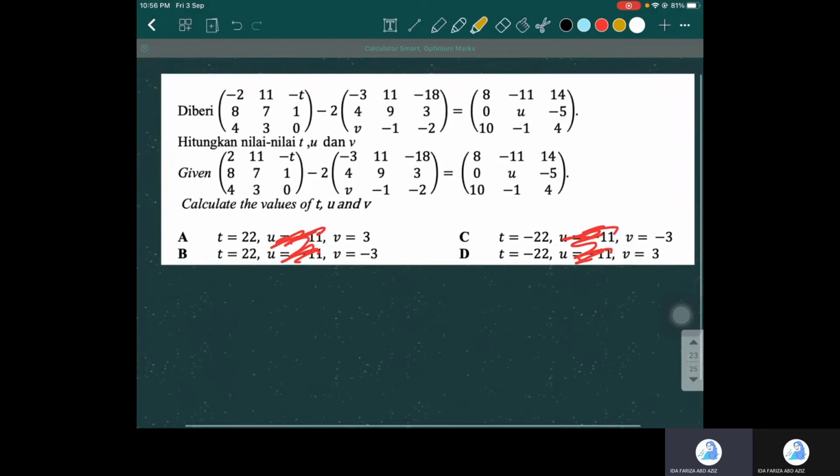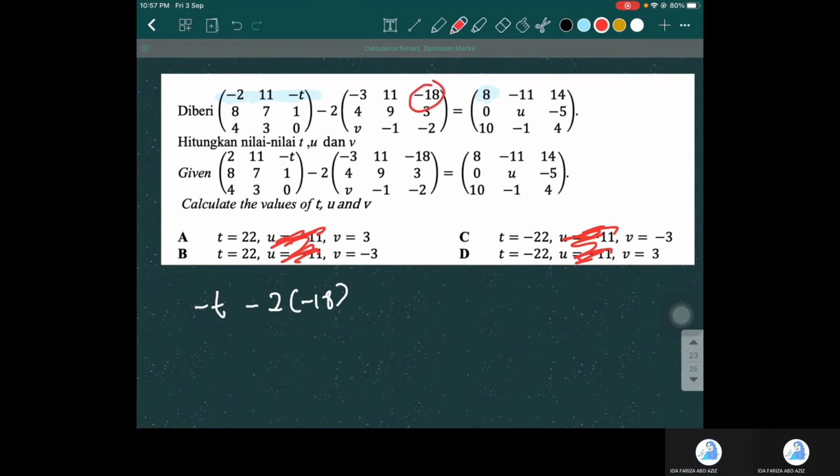Let's check our matrix. Okay, T duduk kat mana? T duduk in the first row. Okay. So, it will equal to 8. Alright. So, kita pun tulis negative T minus 2 times negative 18. Okay, kita ambil this one jugalah, kena elemen yang sama.